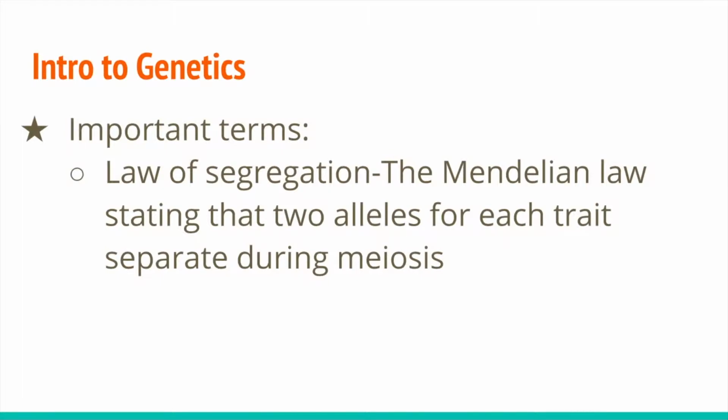So, law of segregation. That Mendelian law states that there are two alleles for each trait and they separate during meiosis. So remember, at the beginning of meiosis 1, you have a cell, it's duplicated its chromosomes. At the end of meiosis 1, you have two cells that have 46 chromosomes.